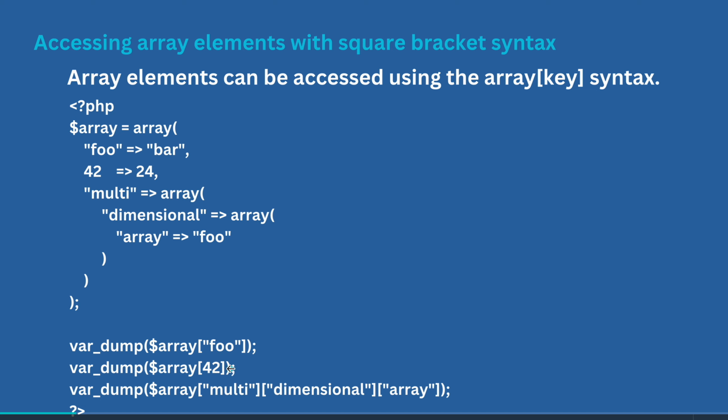What will this print? Array multi-dimension array. 2. This one. Yes, sir. So is it clear now how you can access the elements of an array? Yes, sir. Great, great.